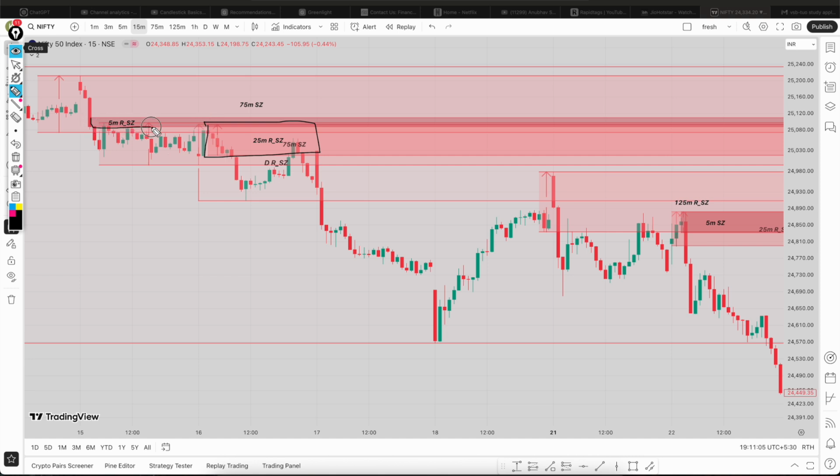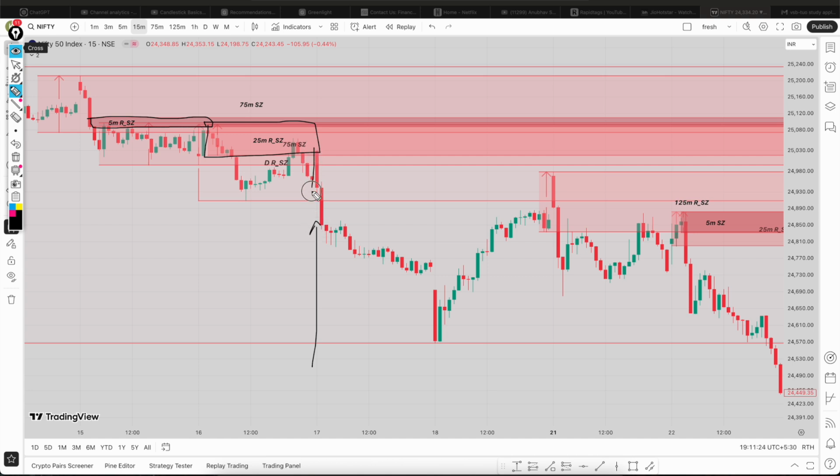You can see over here a zone has been marked. One zone is this 5MRSZ. So what really happened is, as per our supply and demand zone, on this date, let's say this is the 17th, this is the end of the day over here.